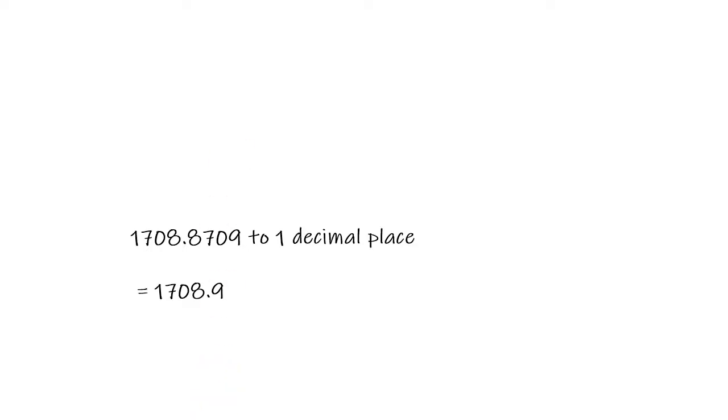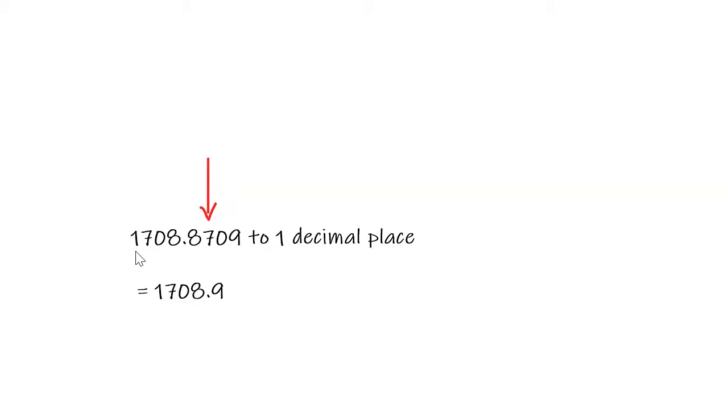So when we have to do that, we actually look to the number in the second decimal place, because that decides whether the number stays as 1708.8 or goes up to 1708.9. So that is the decision we have to make, and we're basically saying, is that number closer to 1708.8 or 1708.9? And we can only make that decision by looking at the number in the second decimal place.